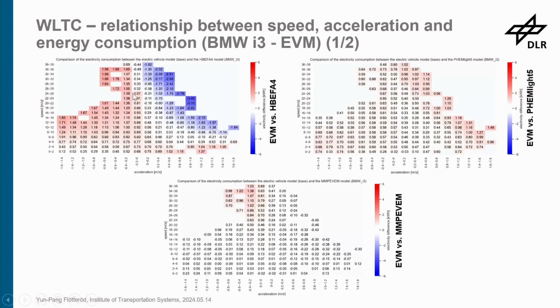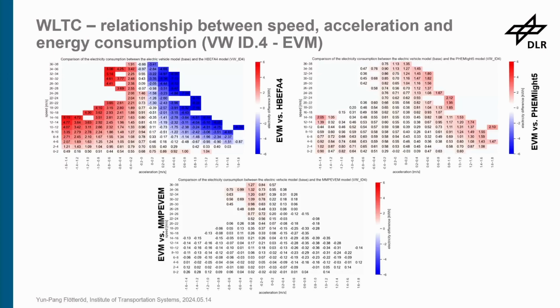And the difference between the EVM and the PHEMlight 5 estimates is quite limited, mostly less than 0.8. And at the end, the difference between the EVM and the MMP EVM's estimates is the smallest among all. That means these 2 models are quite similar.